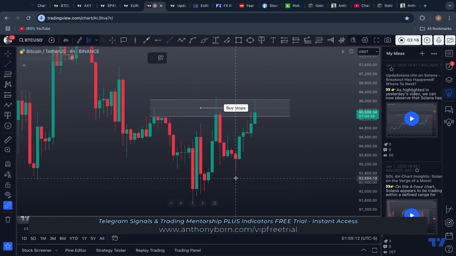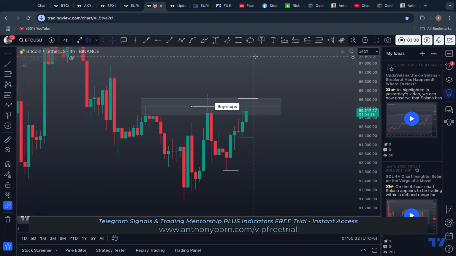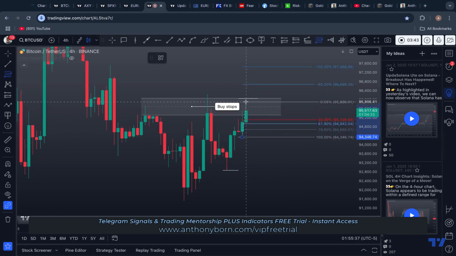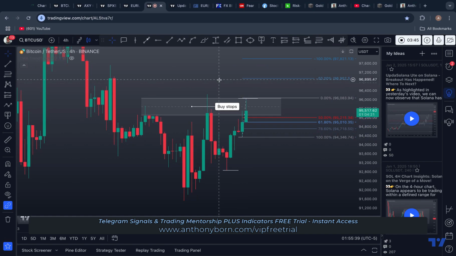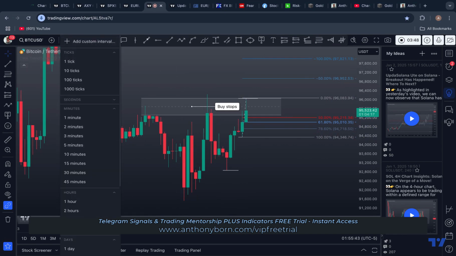So let's have a look at the price swings on the 4H. We have a low here. I'm looking at these 4-hour price swings now. That's a price swing low right there, and then we have a price swing high here. Fair enough. I'm going to pull my Fibonacci from maybe this low to high. I'm not so sure at the moment. Let me just go down to a 15 and let's have a look at that.